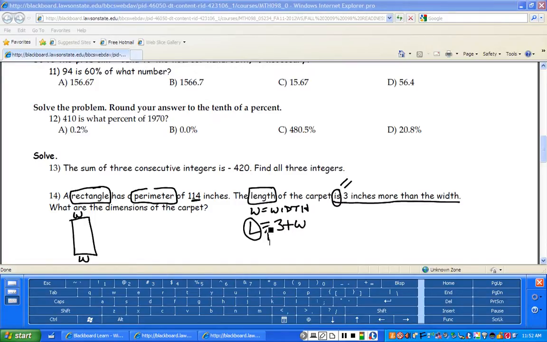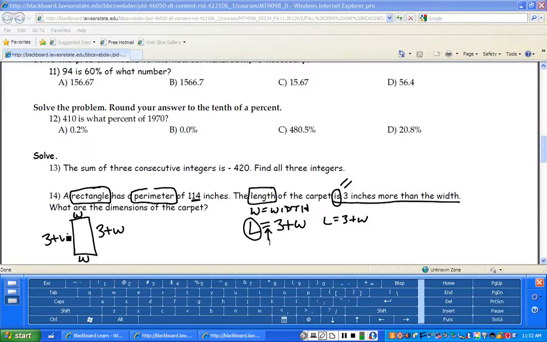Is means equal sign. So length is 3 more than the width. So you have this equation to use to find your length. Length is represented by the expression 3 plus W. Okay, so now we write 3 plus W, and because of the rectangle, if that's true on that side, then it'd be the same on the other side.